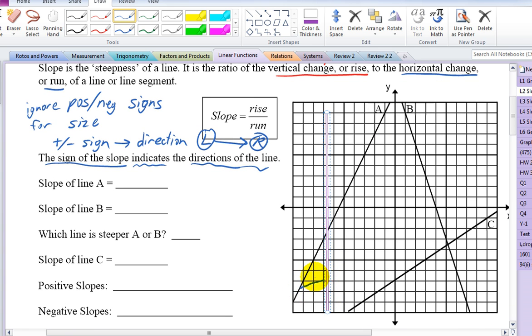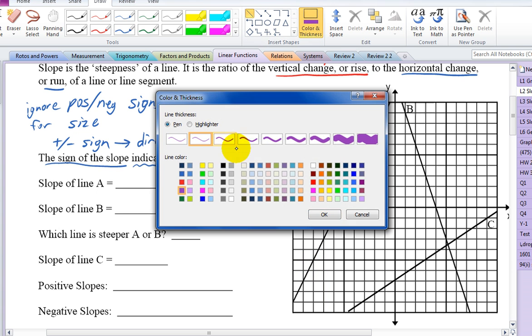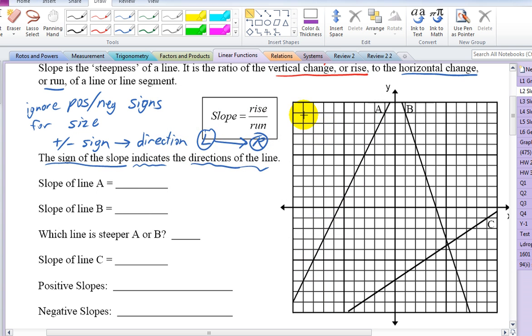As I move this line from the left side of the grid to the right side, what's happening with line A? It's going up. Okay. Look at line B as I move from left to right. Line B is going down. And that's because A is a positive slope and B is a negative slope.